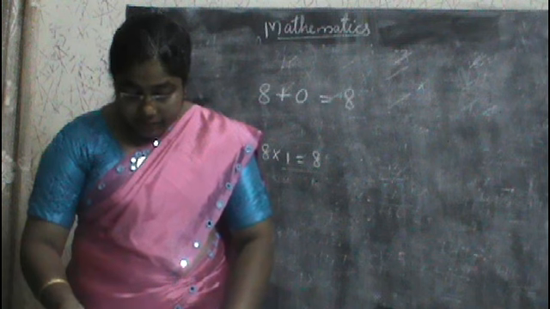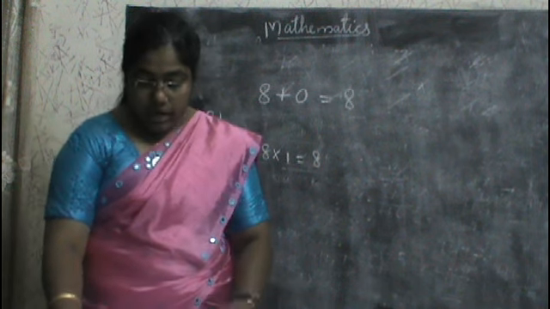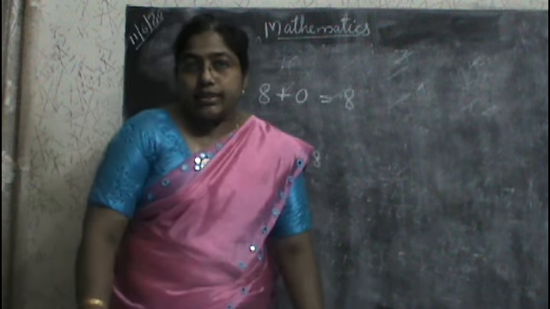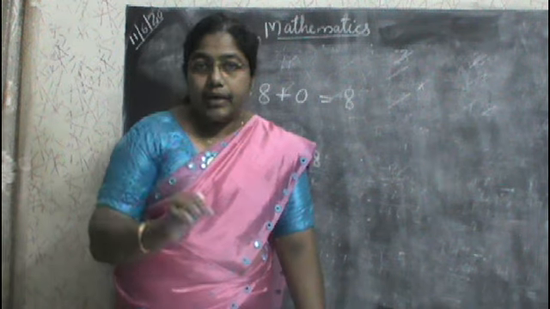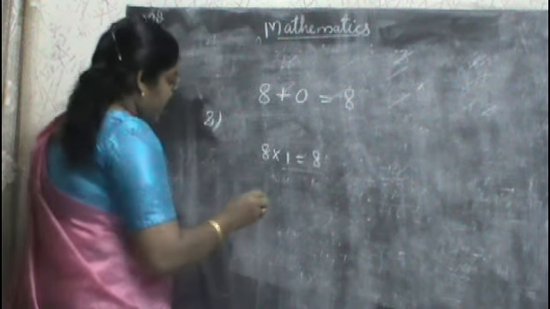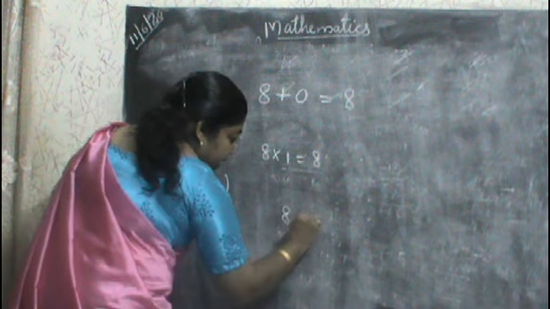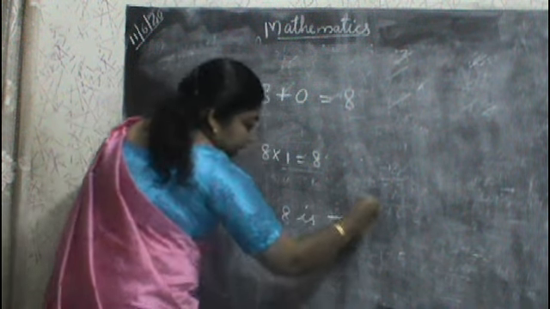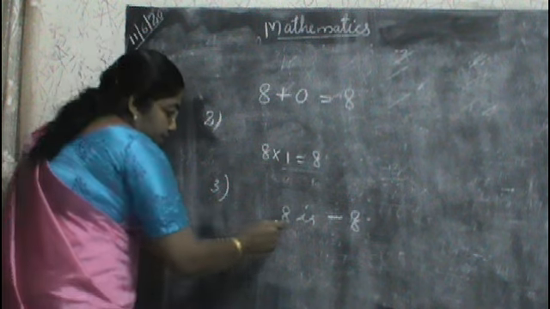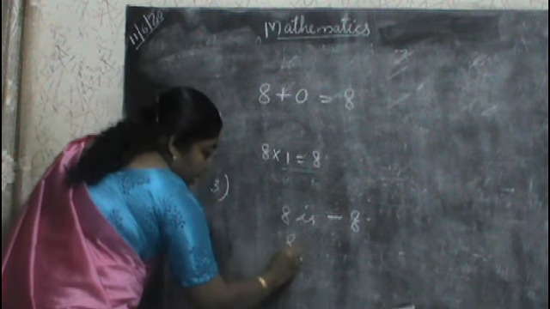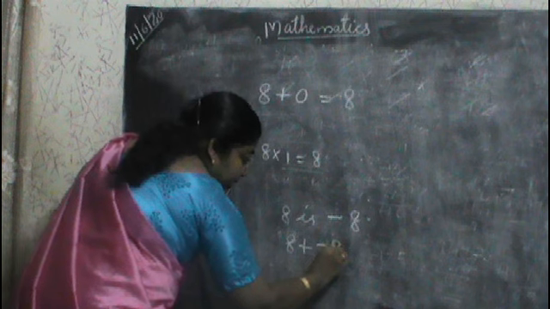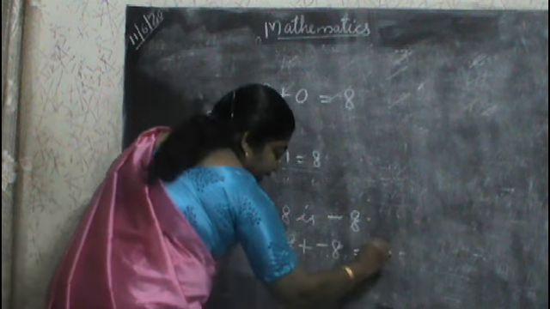Then number 3. Additive inverse. What is additive inverse of 8? Additive inverse of 8 is minus 8. All of you listen. Just we can add these two. 8 plus minus 8. What is the answer? 0.